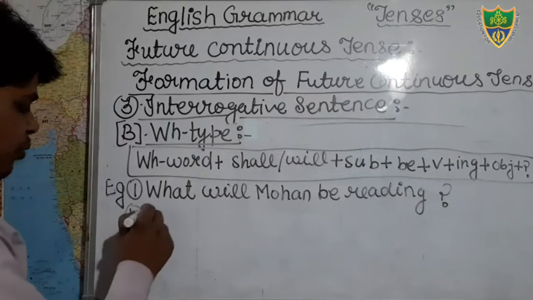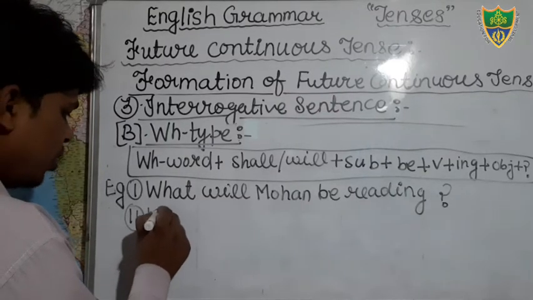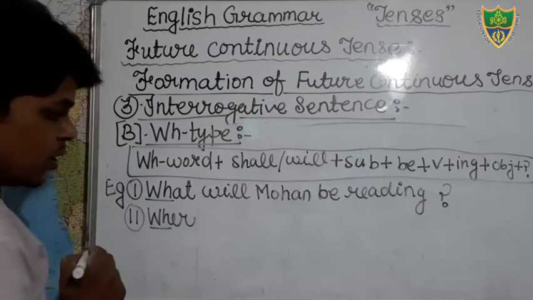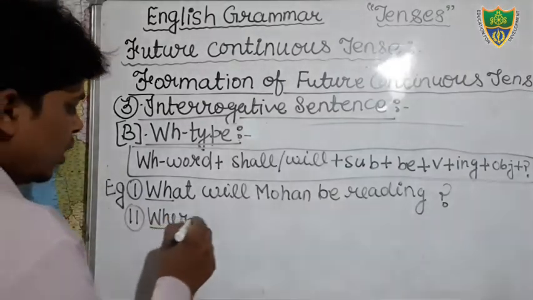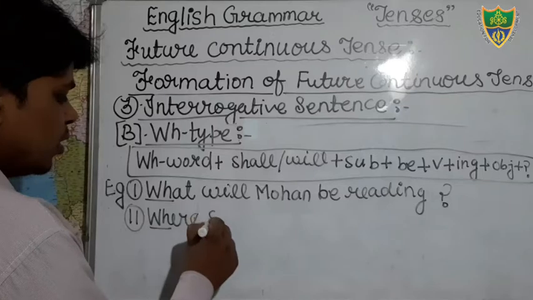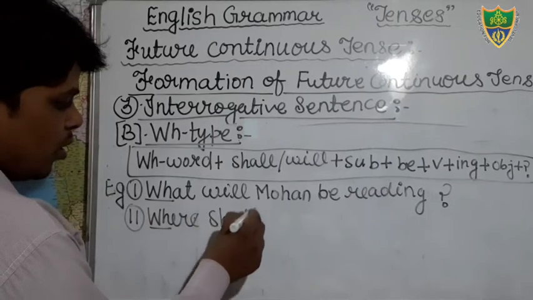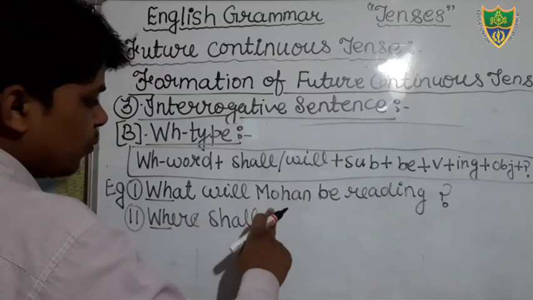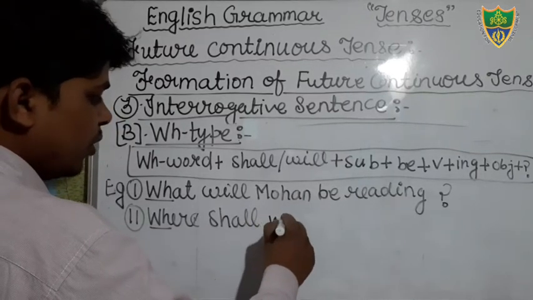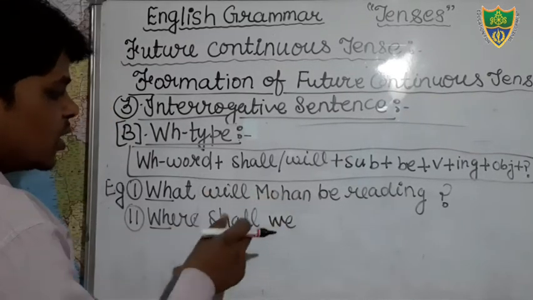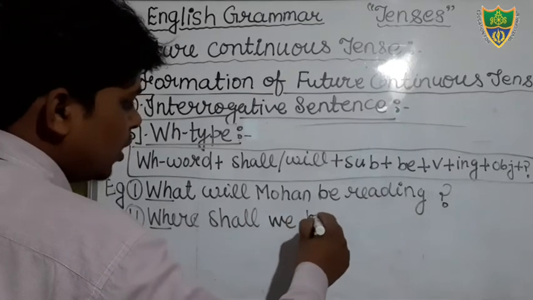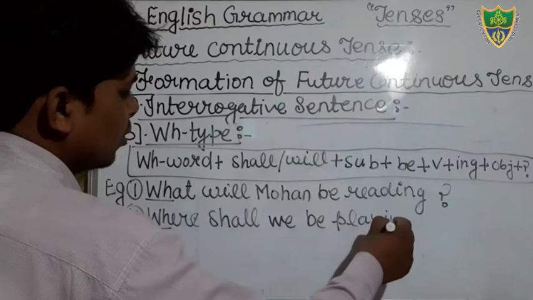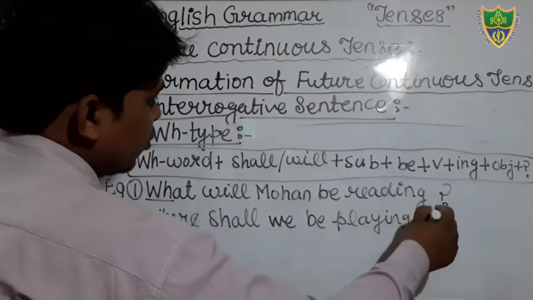And one more sentence, where you can see the WH word. Where shall we, suppose that we are using the subject we, where shall we be playing football?